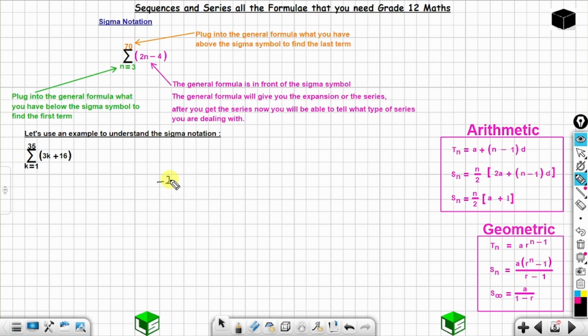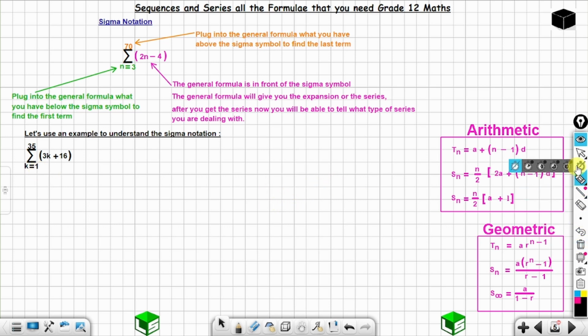So, -2 will be plugged to find the first term. And then to find the second term, you plug -1. To find the third term, you plug 0. To find the fourth term, you plug 1. To find the fifth term, you plug 2, and so on. That is if k is equal to -2, but in this example, k is equal to 1. So we have to start from 1 and then 2 and so on.